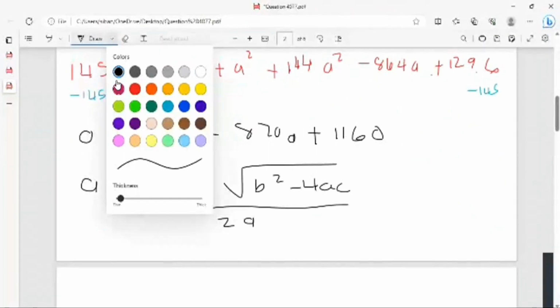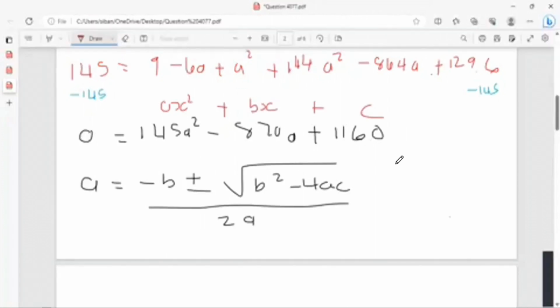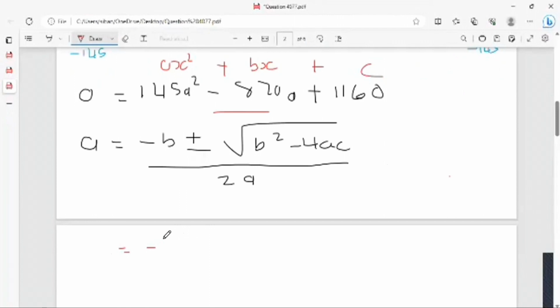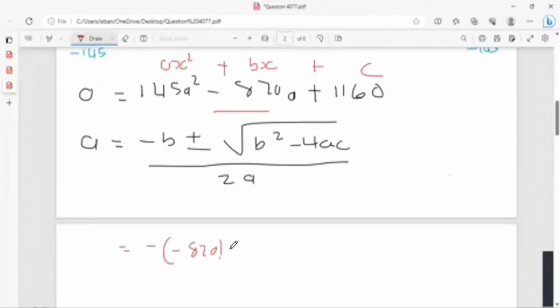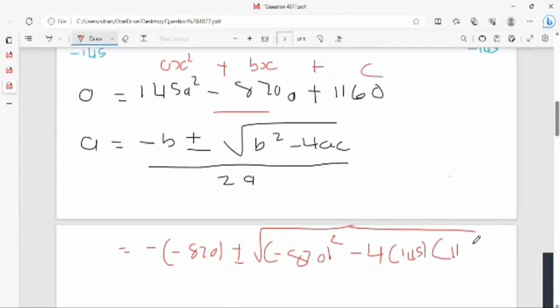Remember, my quadratic equation will look like this. It's ax squared plus bx plus c. So my b will be 870, but it's minus 870. So it will be minus 870 plus or minus the square root of 870 squared minus 4 times, the value of a is 145, and the value of c is 1,160.